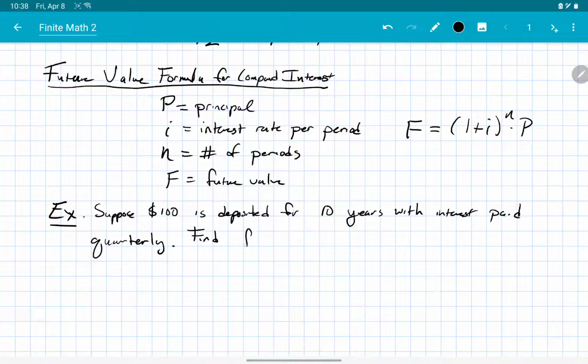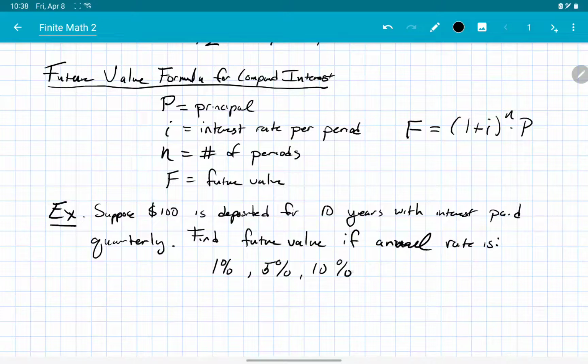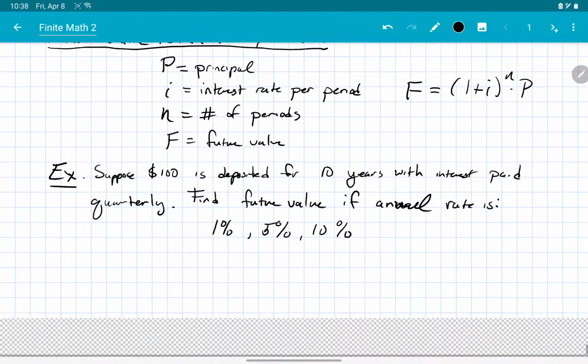Find the future value if the annual rate is, say, 1%, 5%, or 10%. We're going to have three answers for this. We want to find what is going to be the amount in the account after 10 years under each of these interest rate scenarios.